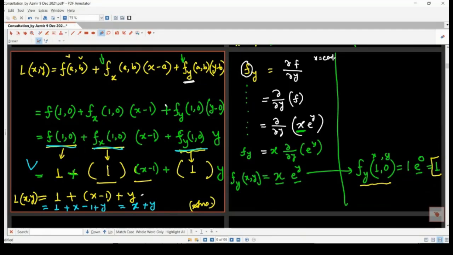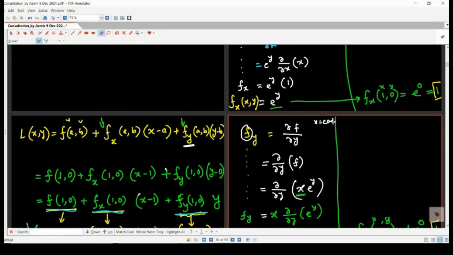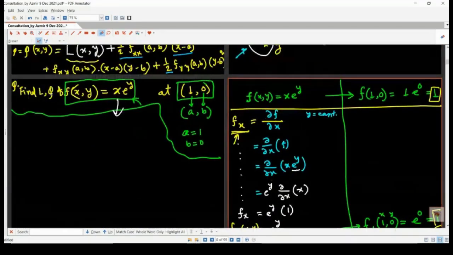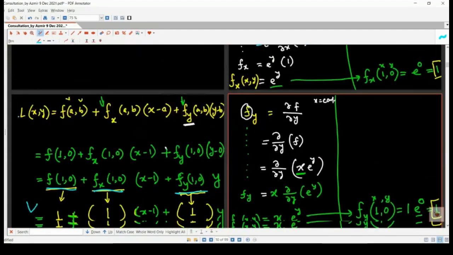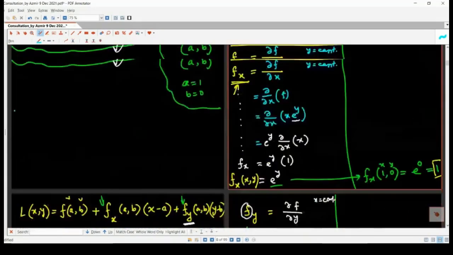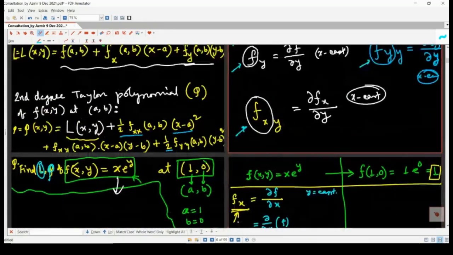Now we have to find what is q. That means our target is also to find q. We have already L, and let's find q. So what is the formula for q? This is the formula for q.